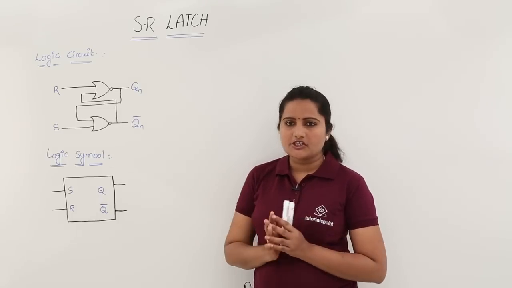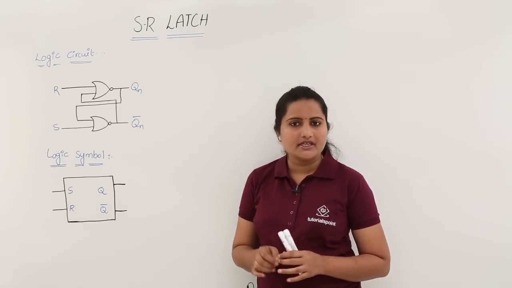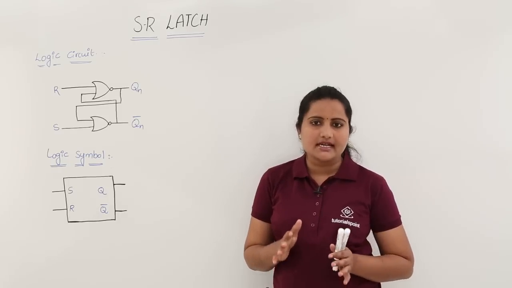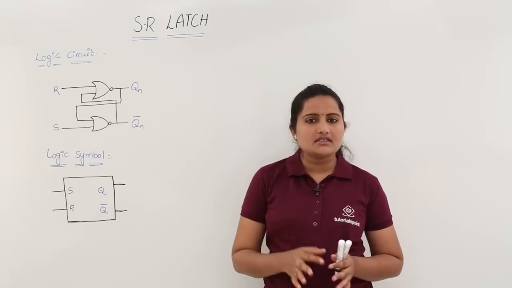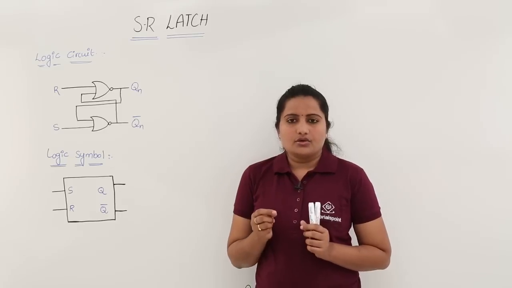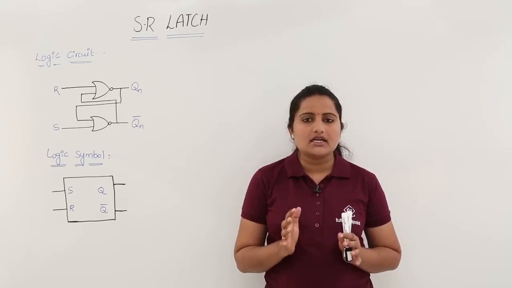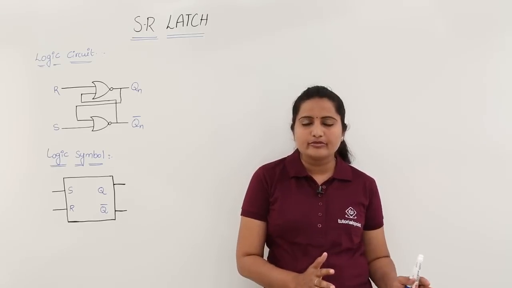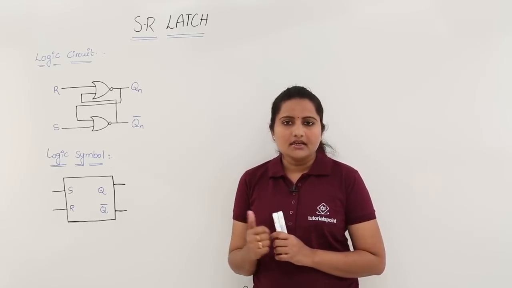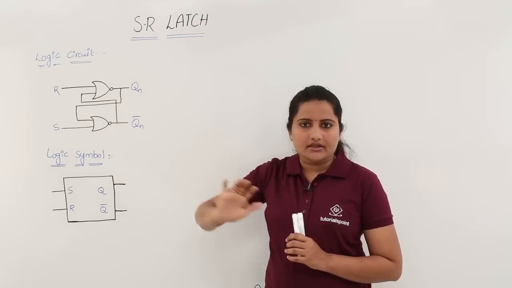While deriving the functionality of latches or flip flops, as I told you in the previous classes also, you need to consider your truth table. As I told you many times, your truth table must contain your number of inputs and outputs. Here this is a sequential circuit, right.